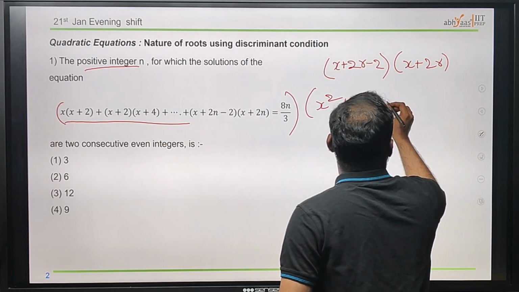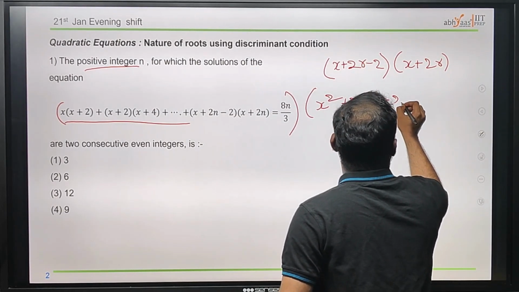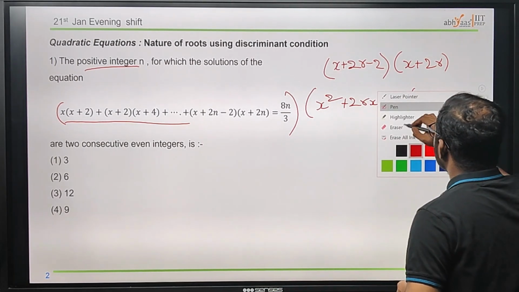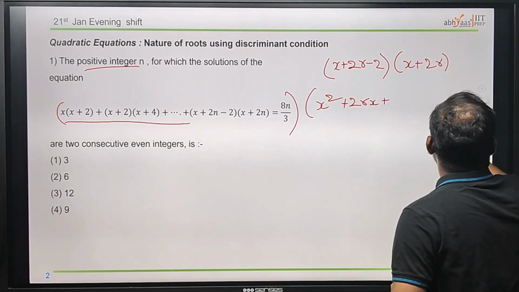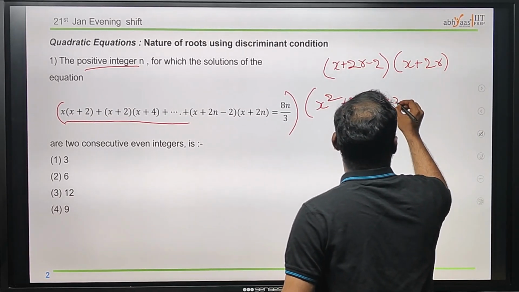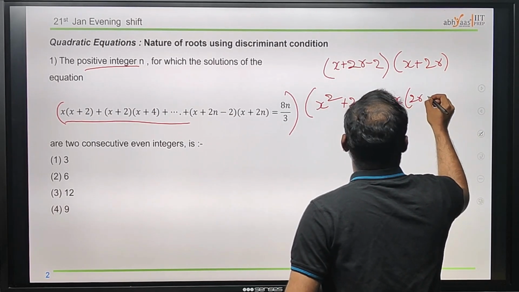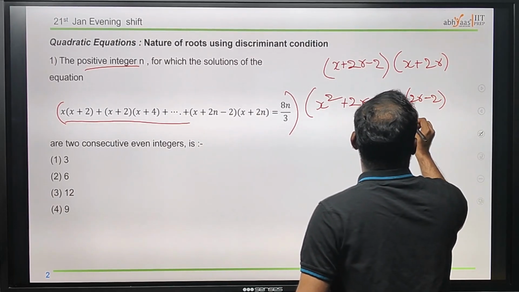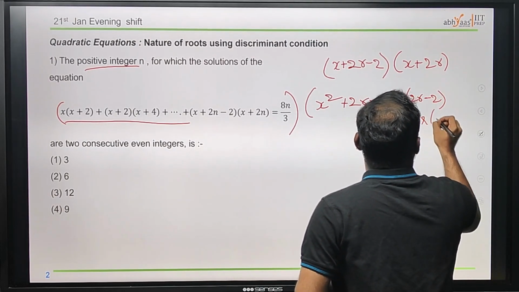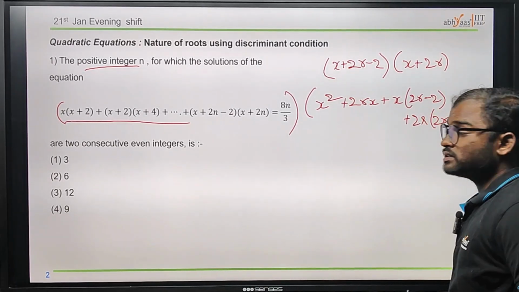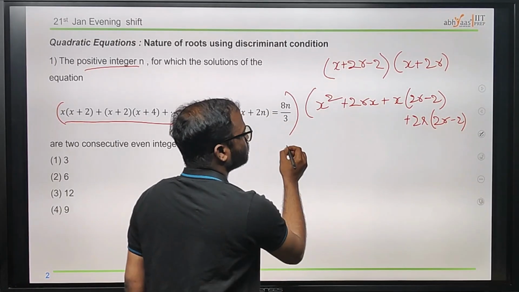We will have plus 2r into, I will simplify this one, x into 2r minus 2. And similarly this one also, 2r minus 2.